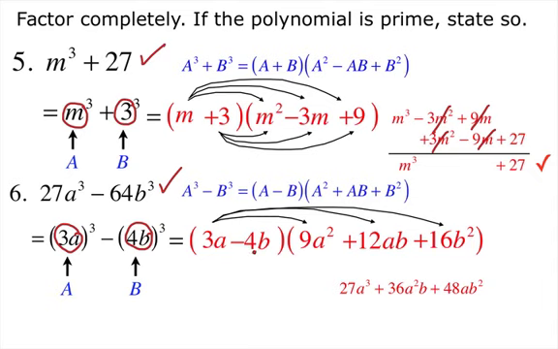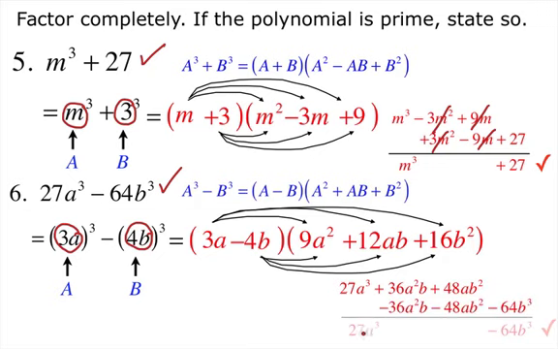And then at this point, I'm going to multiply the second term of the binomial times the trinomial. And this is what I get. And notice that these cancel out. And my answer is 27a cubed minus 64b cubed, which is the original binomial. So it checks. Let's go to the next slide.